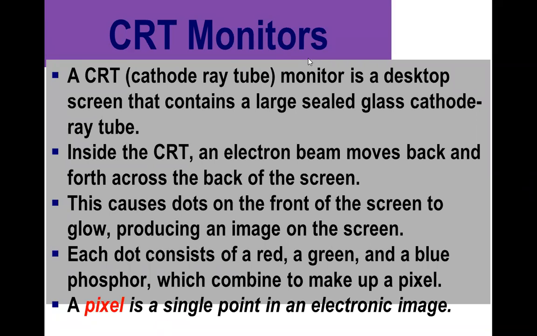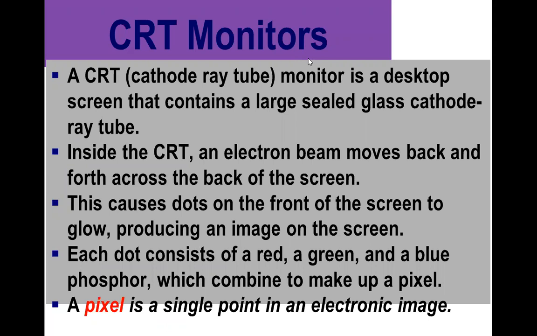A cathode ray tube monitor is a desktop screen that contains a large sealed glass cathode ray tube. Inside this cathode ray tube monitor, there is an electron beam that moves back and forth across the back of the screen. And this causes dots on the front of the screen to glow, producing an image on the screen. That's why when you switch on those monitors, they tend to produce light.